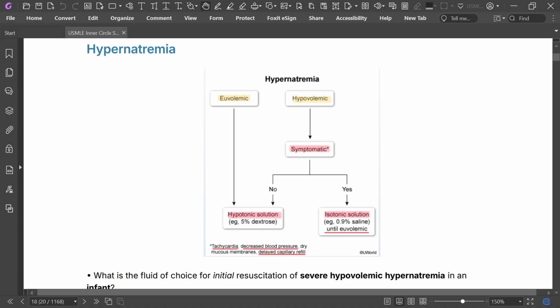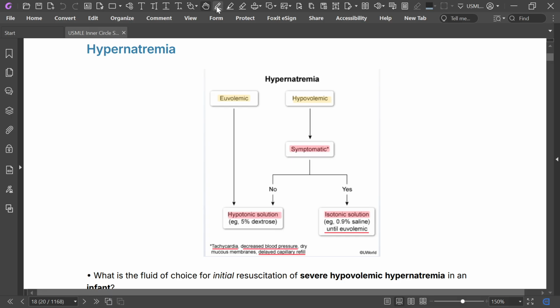Okay, now I would like to look at how we can evaluate. We can talk about plenty of things regarding hypernatremia, but for exam purposes we need to know the specific things.